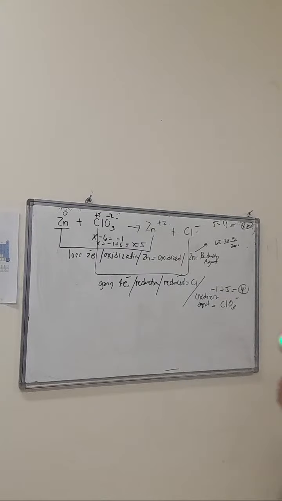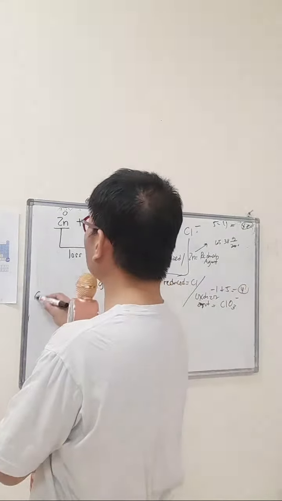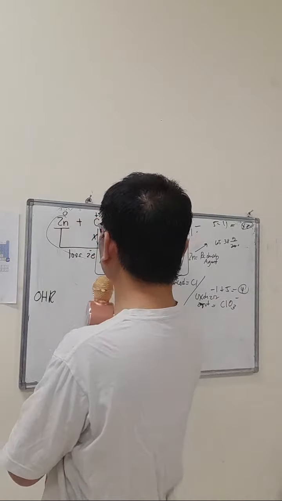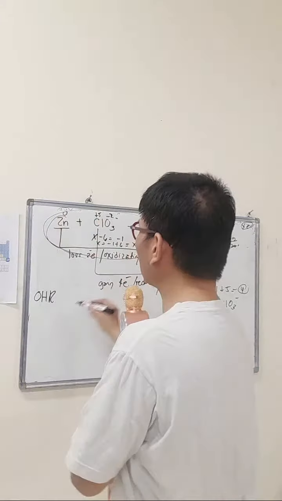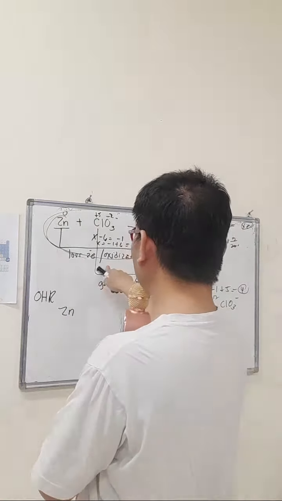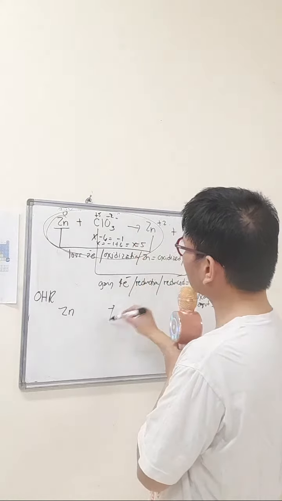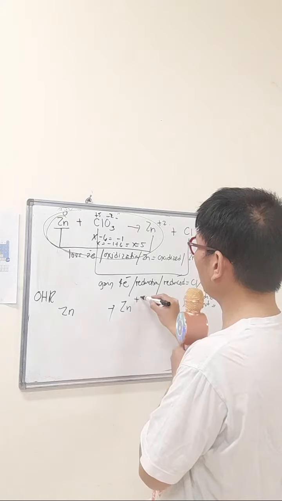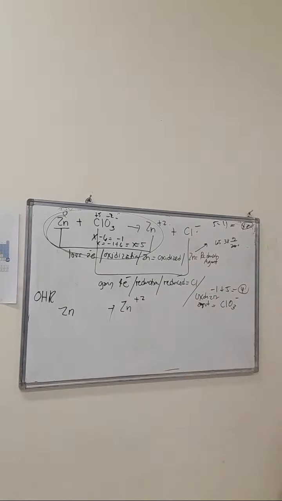So the oxidation half reaction is zinc. Take this one separately. Zinc, and this is loss of electrons, so you need to add electrons on the right. So zinc, positive 2. Actually, we can go directly to adding 2 electrons, but let's explain why.